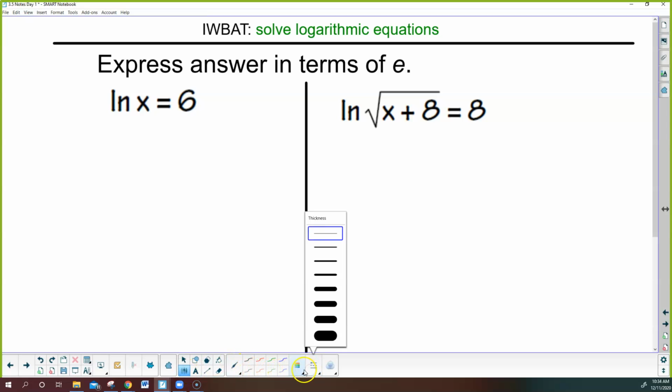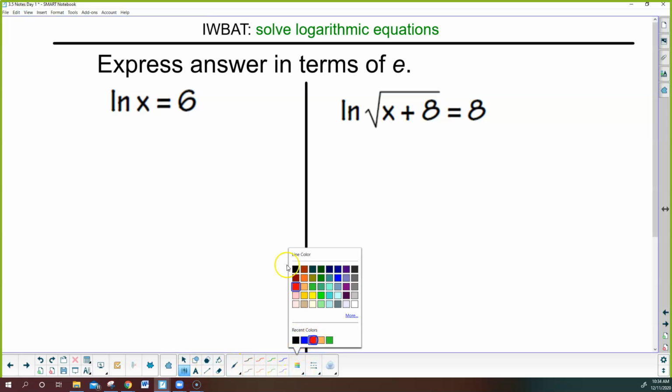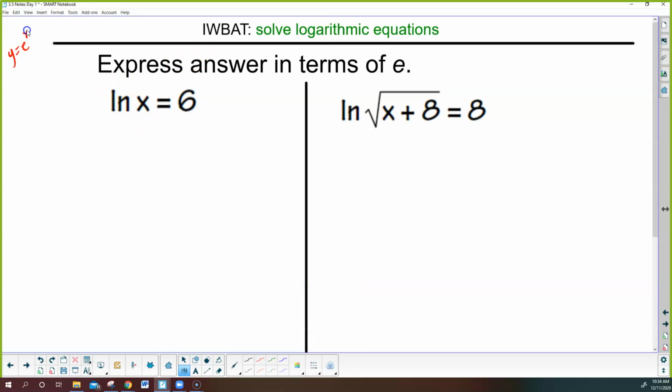We know at the start of this unit that the equation y equals e to the x, if I converted this, is the natural log of y equals x. These are inverse functions of one another, right? The e and the ln kind of reduce each other out.